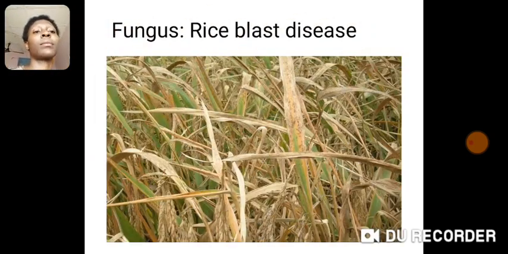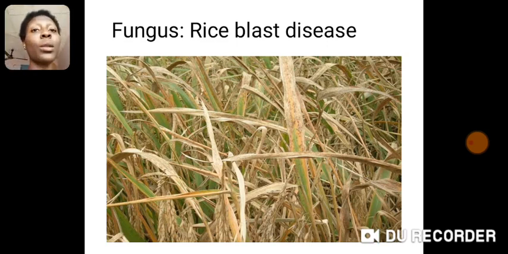So what about this one? This one is caused by fungus, rice blast disease. This is the rice blast disease. Initially we looked at the one caused by a bacterium species called, what? Rice blight. But this one now is rice blast. It's caused by a fungus species, and that's what it looks like.